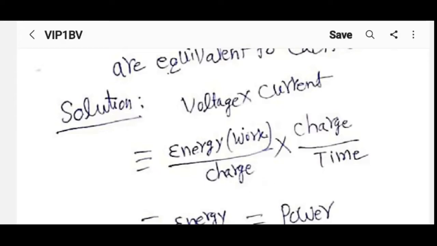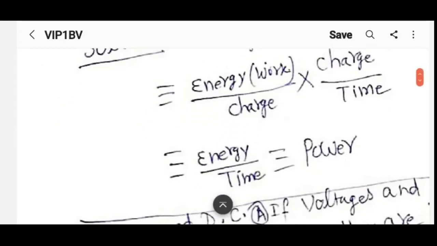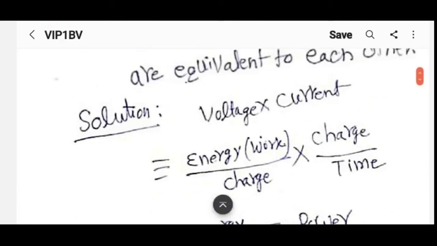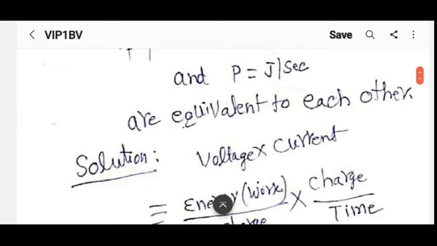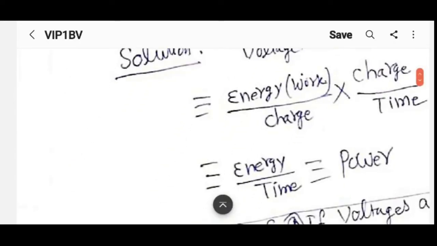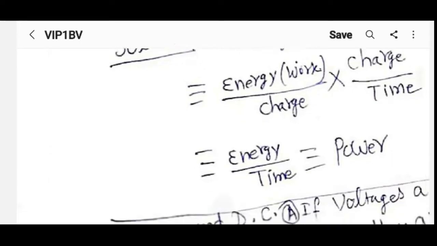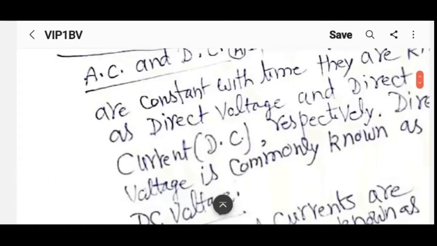What you get is energy per unit time, and that is the mechanical definition of power. So the definition that we in electrical engineering use is the same as what you in mechanical engineering use. There's no difference. Power is power in both the domains.